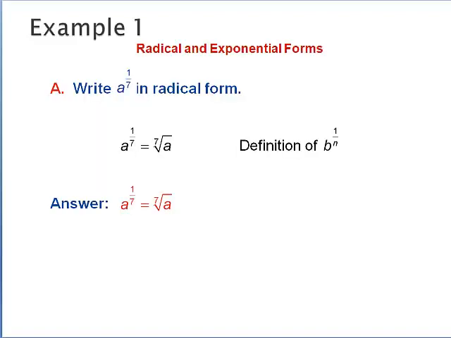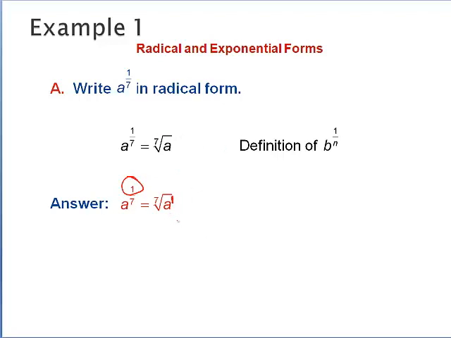Here's an example of switching from the exponential form to the radical form. What I want you to notice is the denominator in the rational becomes the index of the radical. So we go from the exponential to the radical. The numerator actually becomes the exponent on the radicand.